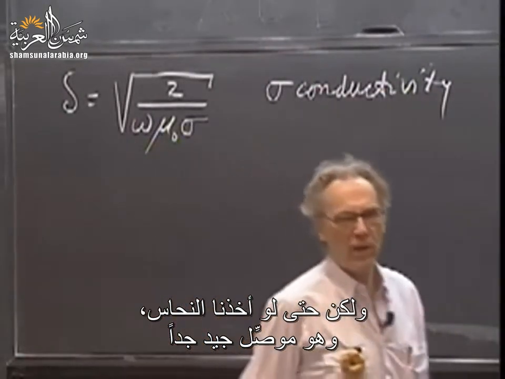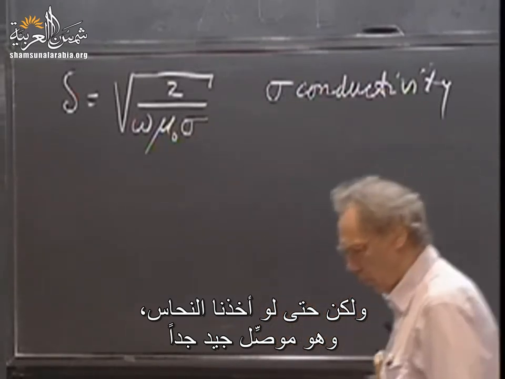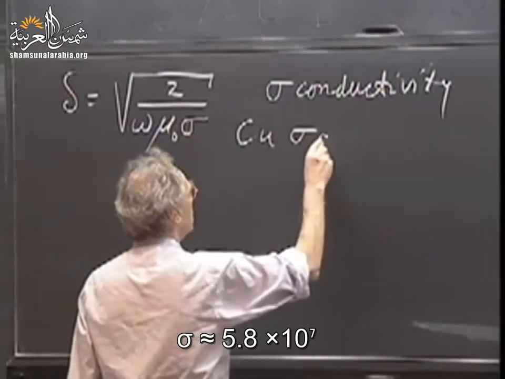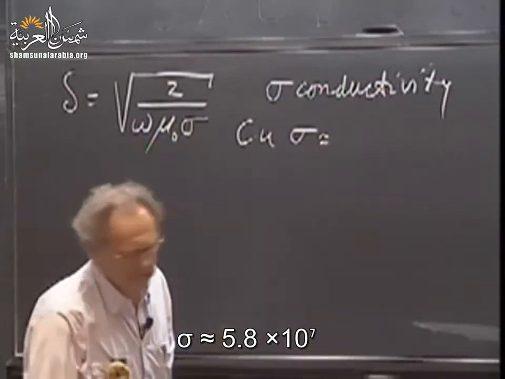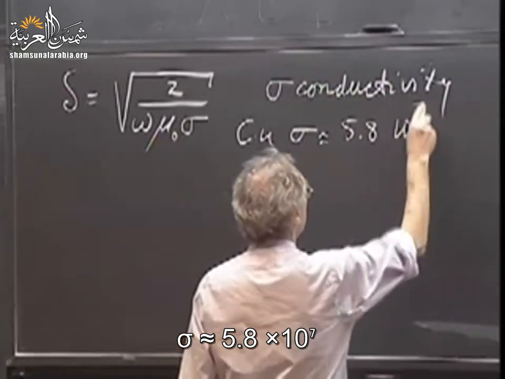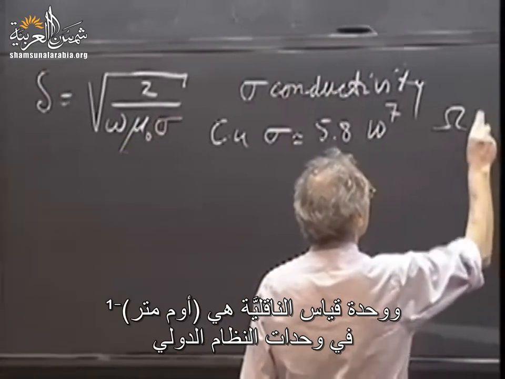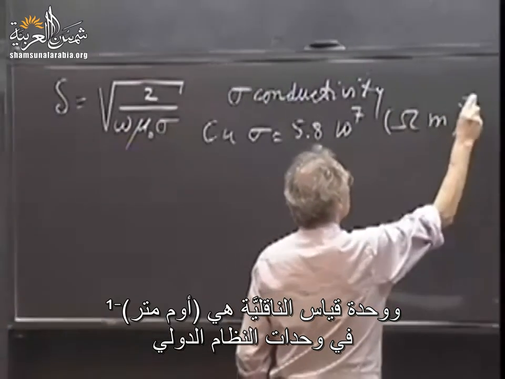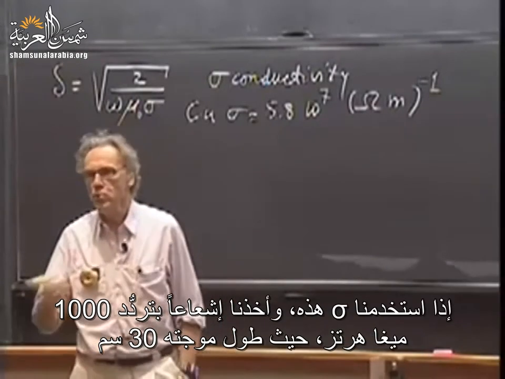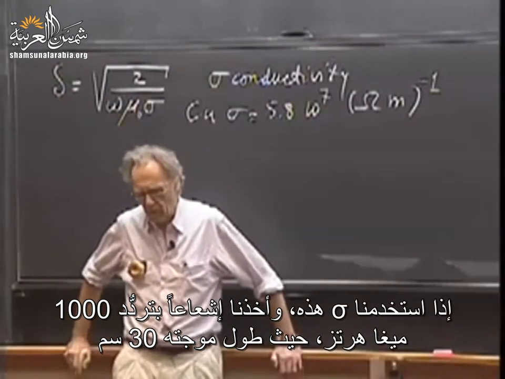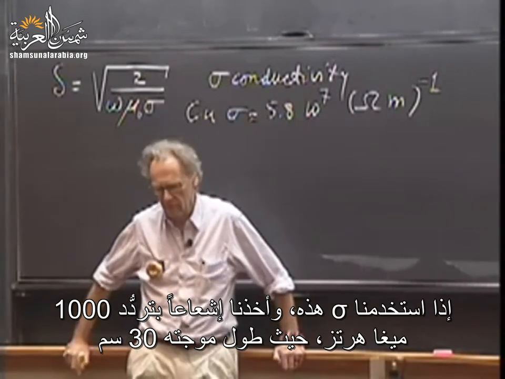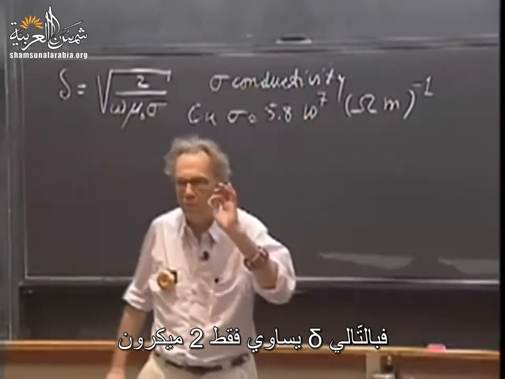But even if you take something like copper, which is an extremely good conductor, sigma is of course not infinitely high, but it is something like 5.8 times 10 to the 7th, and the units of conductivity are ohm meters to the power minus 1 in SI units. So if you use this sigma and you take 1000 megahertz radiation, which has a wavelength of 30 centimeters, then the skin depth is only 2 microns.